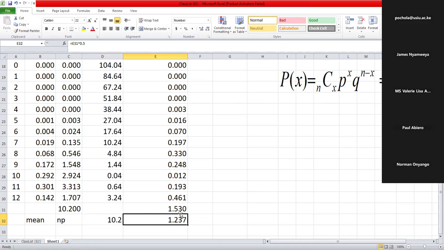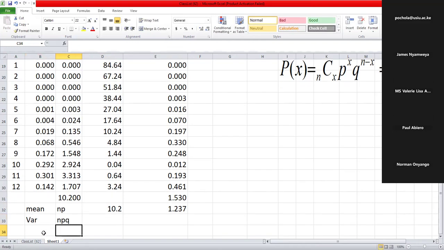You get the variance? And again, here, you don't use this path. The variance for binomial is basically NPQ. N times P times Q is the variance, which you can show mathematically, which is just 12 times 0.85 times 0.15. That was the variance, 1.53.